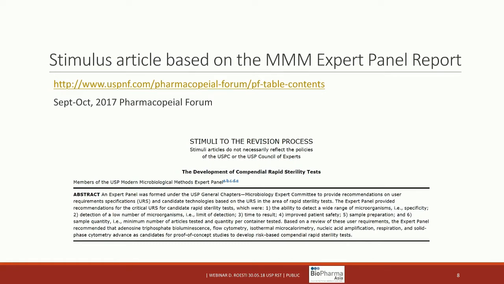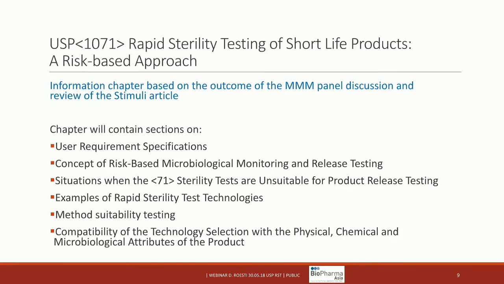And this stimulus article actually serves as the basis for a new USP General Information Chapter, the USP 1071. So the idea of the USP is first to write a General Information Chapter on the rapid sterility test in the first place, and in the second step, it would be to define a compendial sterility test that could be, for instance, used as an addendum of the USP 71. So the USP 1071 will contain different sections.